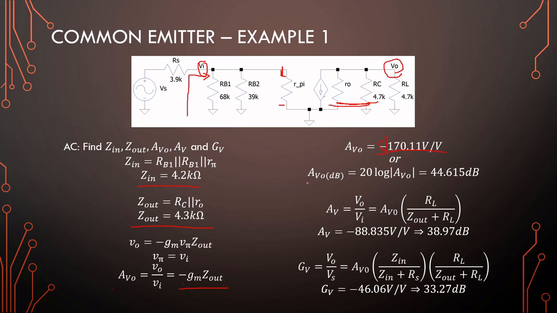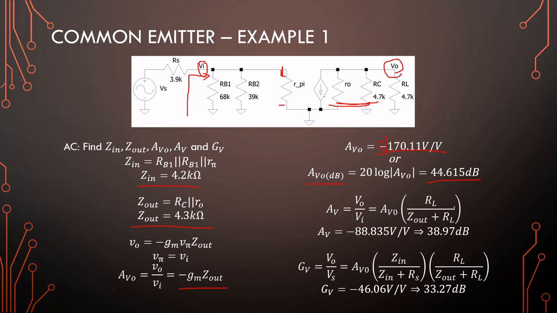Okay, then we can convert this to the decibel scale. So just 20 log absolute of AV0 will give us 44.615 decibels. Okay, so converting it to decibels makes it easier to confirm your gain in the simulation software.